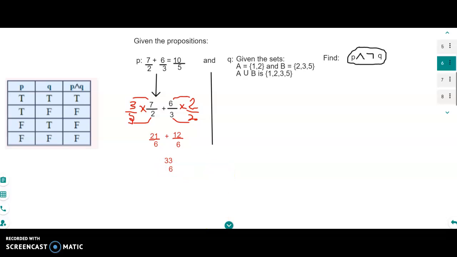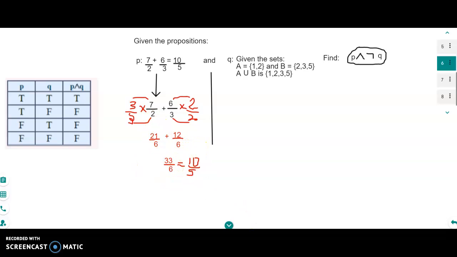So we already have this result, and it says that it equals 10 over 5. Now we can see that this is of course false, so it will be different.